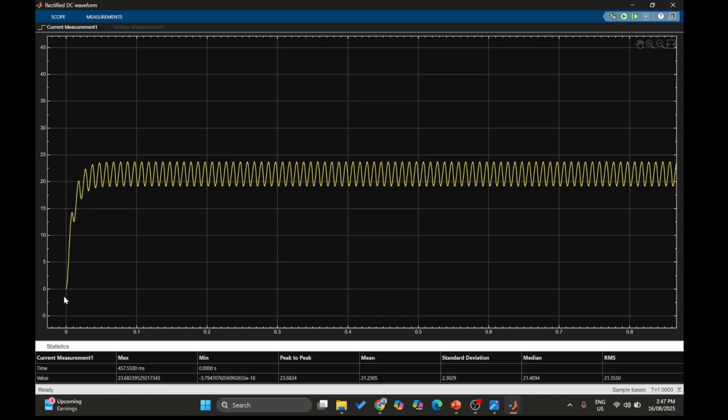So that is the difference between the purely resistive circuit and the RL load circuit.